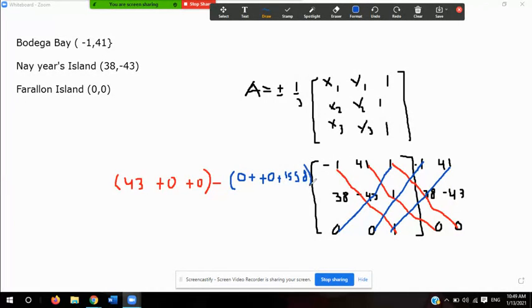So now I can just evaluate the determinant. Basically 43 plus 0 is 43, minus 0 plus 1,558, which is 1,558. And we're going to subtract 43 minus 1,558, which equals negative 1,515.